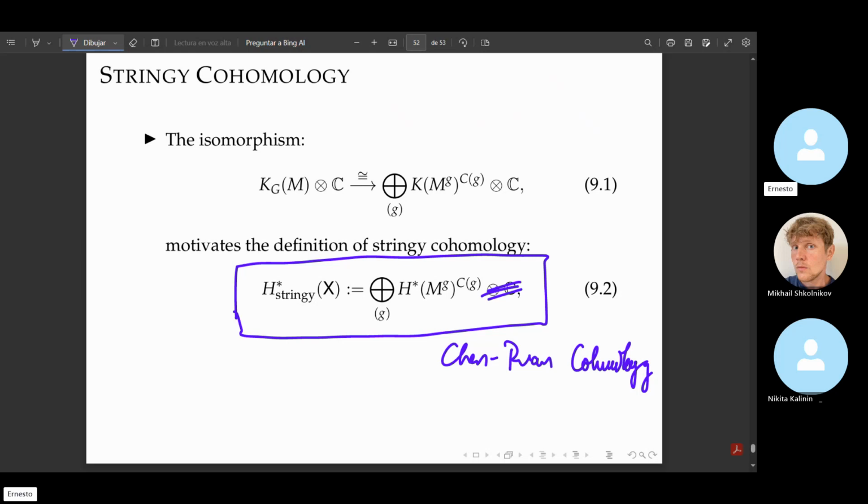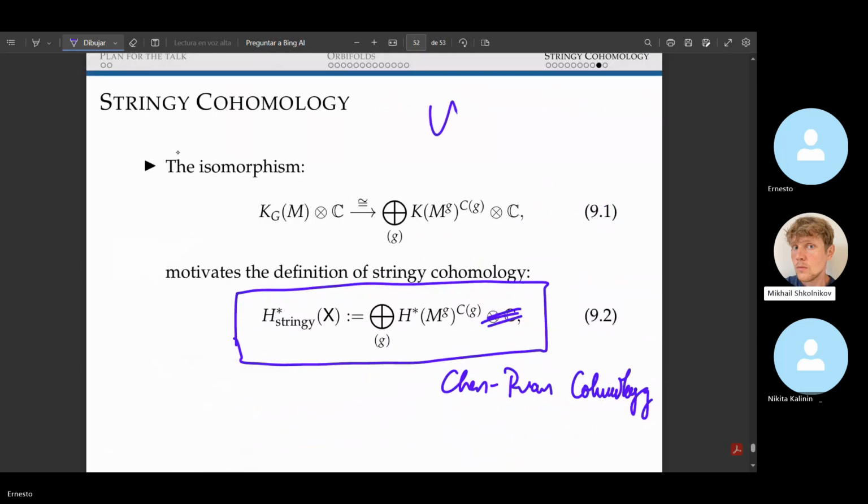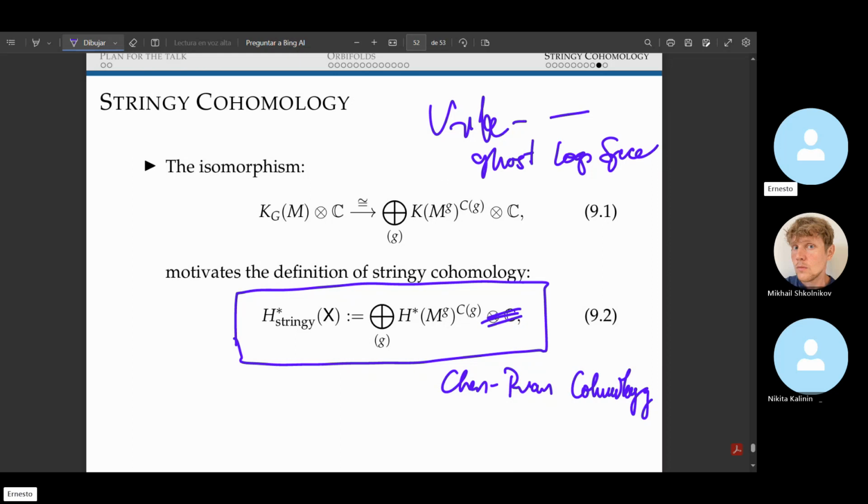Then there is the stringy version to get at it. For the stringy version, I recommend the paper of Uribe and myself called Gauss loop space. There the relation to this is also Hochschild.